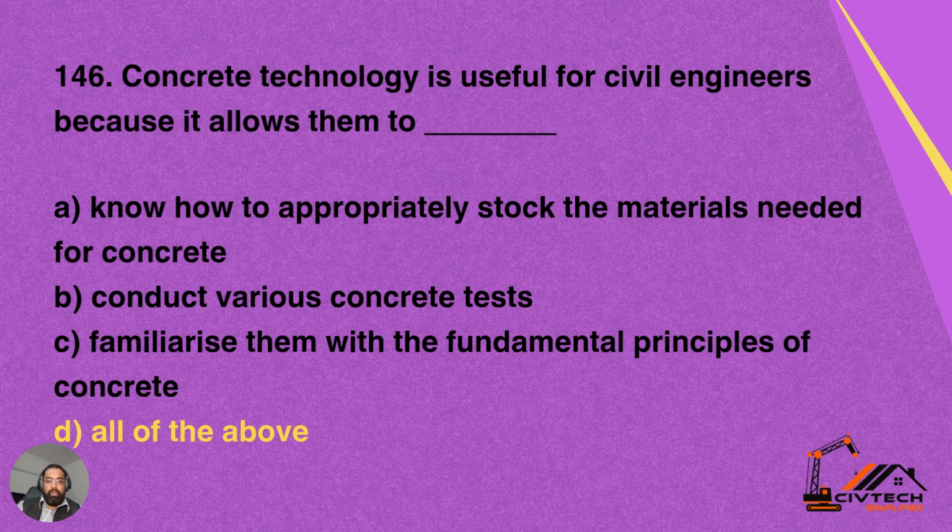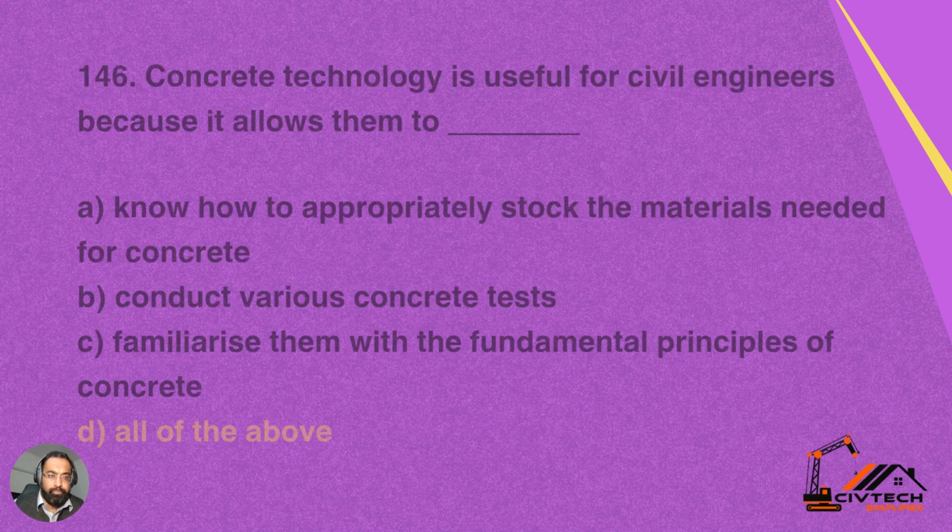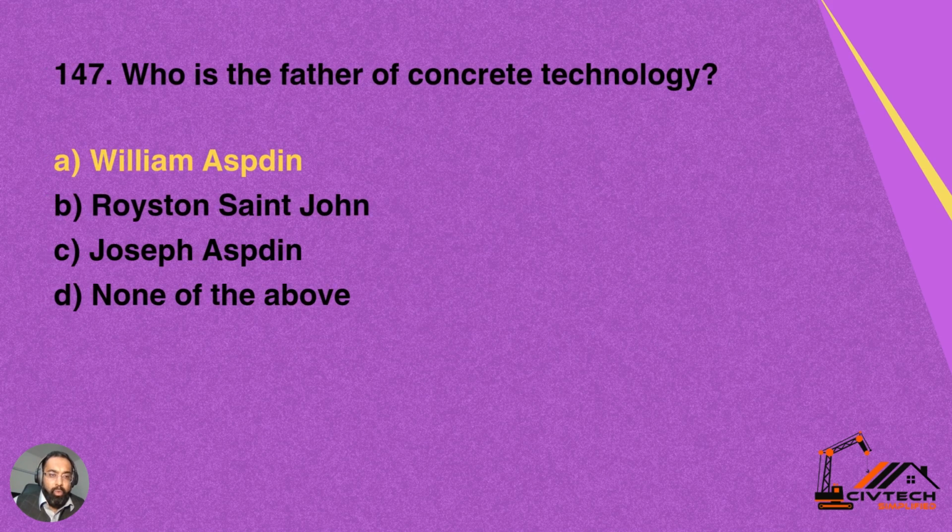Option D, all of the above. Concrete technology is useful for civil engineers because it allows them to know how to appropriately stock the materials needed for concrete and conduct various concrete tests, as well as familiarize them with the fundamental principles of concrete. So all these options are correct, and D is the correct answer for this question, which is all of the above.